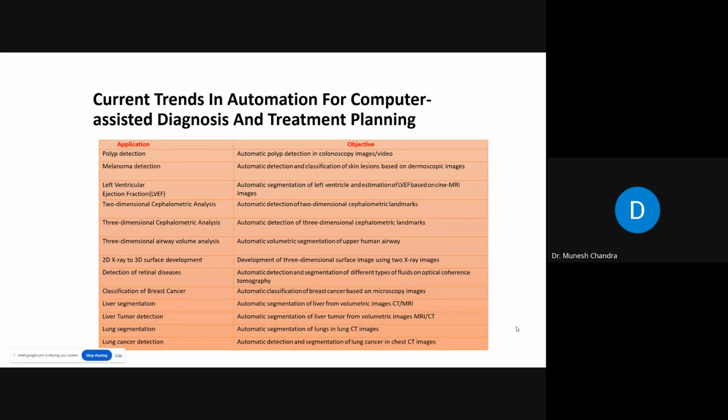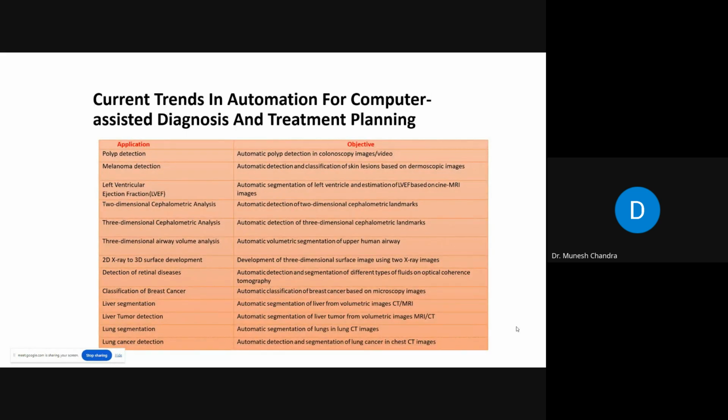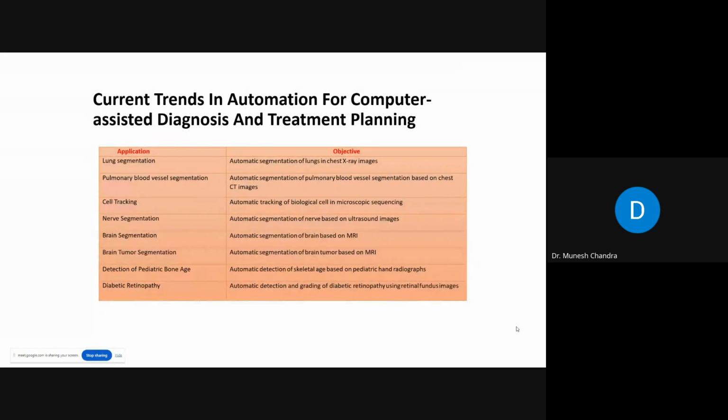Because without the intervention of any medical expert, sometimes we are just running our algorithms, and we are not getting the right approach for how we can do the automation and how we can go for patenting. So whatever techniques you apply, whether data science, machine learning, deep learning, or even MRI or multiparametric MRI images, try to include certain medical professionals also. Then you are able to do good research in that domain. So these are certain trends that you can go through.